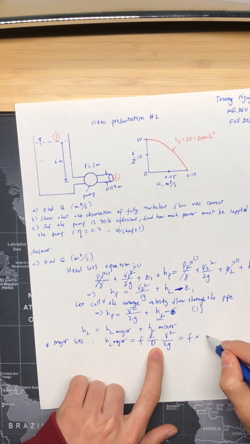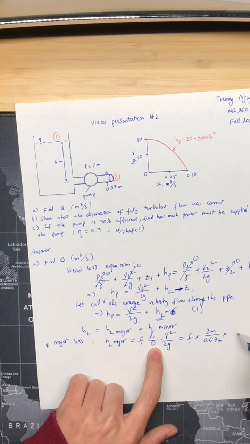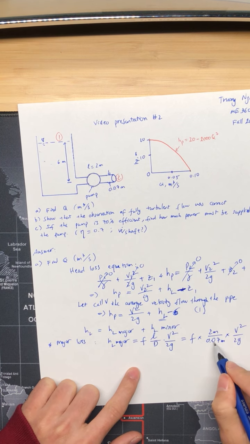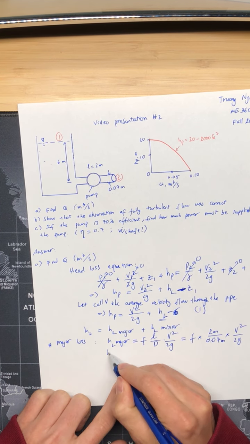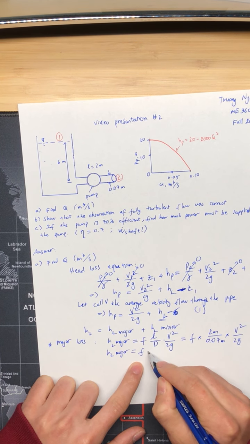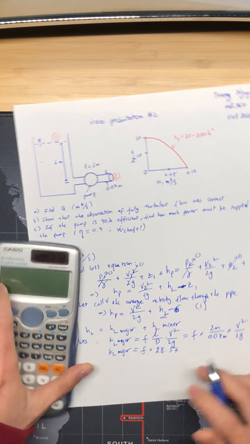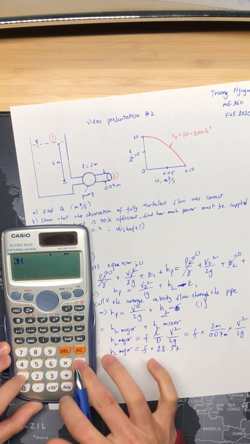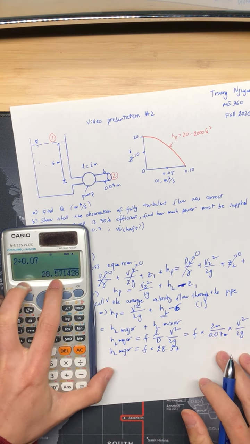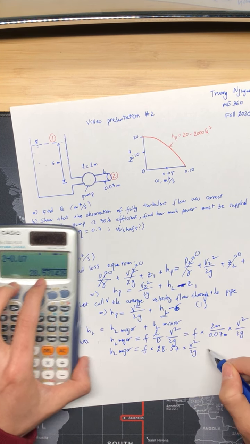So we have F times 2 meters over 0.07 meters times V squared over 2g. This is going to be F times 28.57 times V squared over 2g.